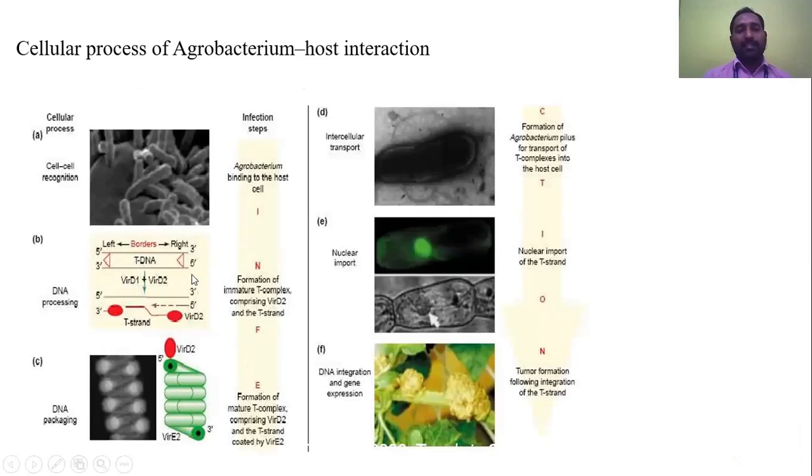Different genes will be present in the T-DNA molecules. In the other case, you have the intracellular transport, the formation of the agrobacterium pilus for transport of the T complex to the host cells. The green color indicates the nuclear import of the T strand, that is the T-DNA. And here you can see the integration of T-DNA and gene expression, and through that, tumor formation following the integration of T-DNA.